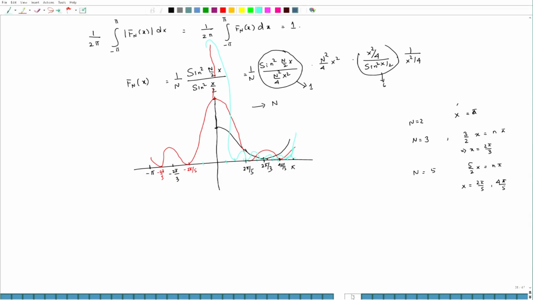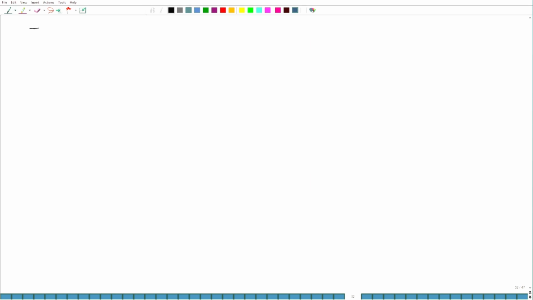Now, let us come to the theorem of Fejér, which is a very important result for this course and has many applications. It says: let f be a 2 pi periodic Riemann integrable function on minus pi to pi.